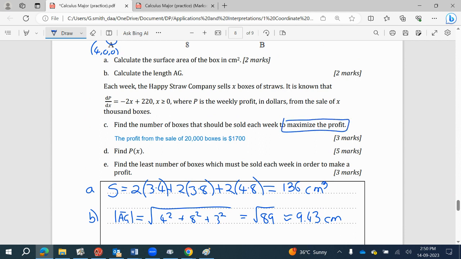Maximum profit will occur when the derivative of the profit function is 0. Maximums and minimums occur when the derivative is equal to 0. We say it again because this is so crucial. When you're looking for a maximum or minimum and you're given the function, you find the derivative, set the derivative equal to 0, solve, and those x values will give you the maximum and minimum.